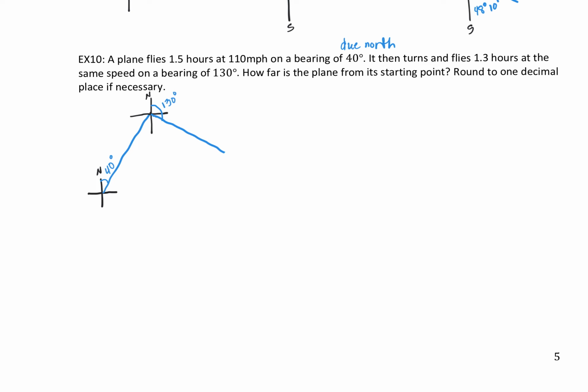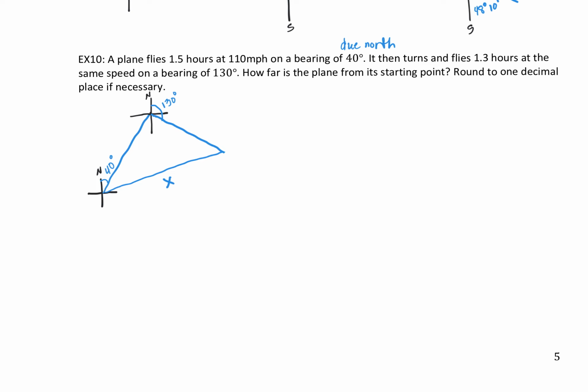The question is, how far is the plane from its starting point? I need to find this distance. I'll call that x. That's what I need to find. I can figure out the length of the two sides because the distance, which would be the length of the sides, is going to be equal to the rate that the airplane travels times the amount of time that it's been traveling, because distance is rate times time.